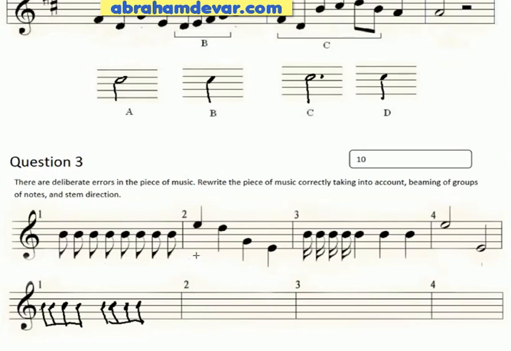The next bar has this crotchet with the stem pointing in the wrong direction. It should be pointing downward because the note head is above the third line. So let's go and take that E and put the stem in the correct direction.